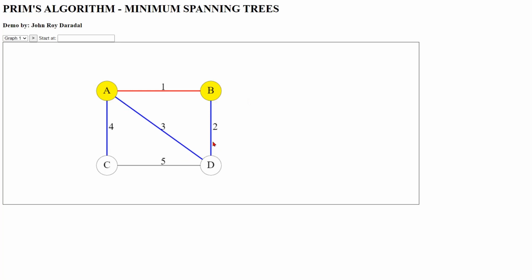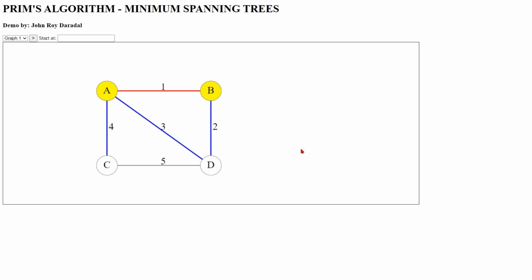Okay, so earlier BD was not a safe edge, but this time it is, because B is now processed, right? And then AB was already done, so you don't consider that anymore. So AC is still an edge to consider because one endpoint is processed, the other one is not. AD is the same thing, while BD, as I mentioned, has one endpoint that's processed and the other one is not.